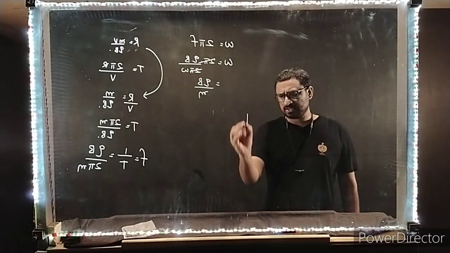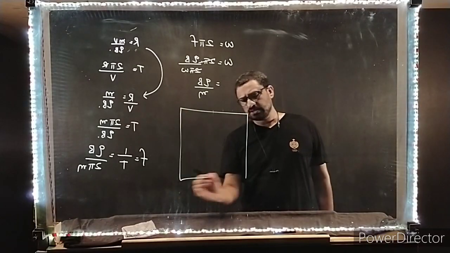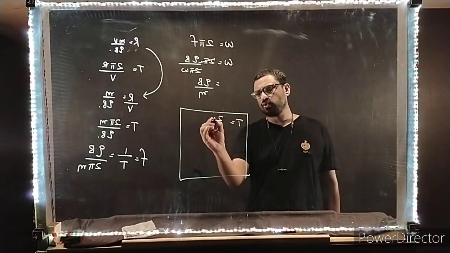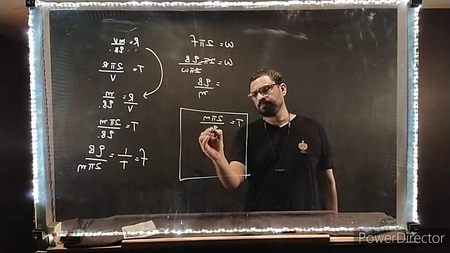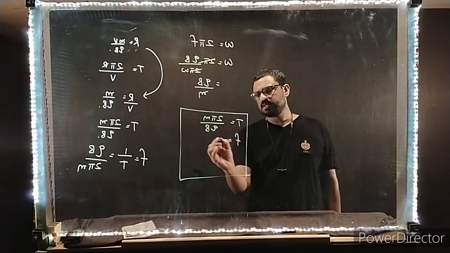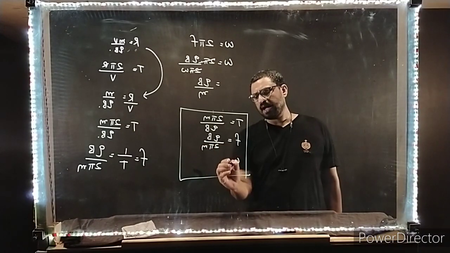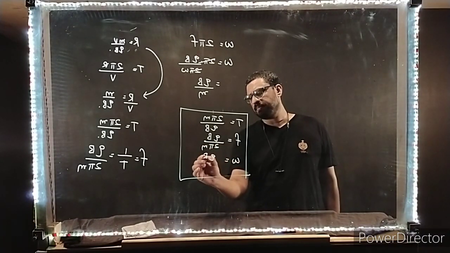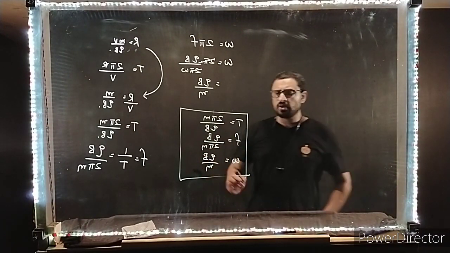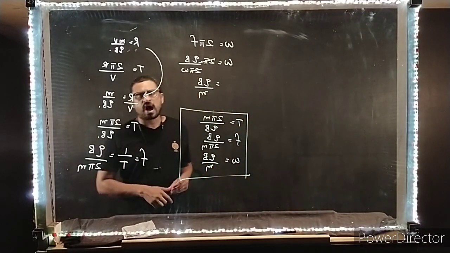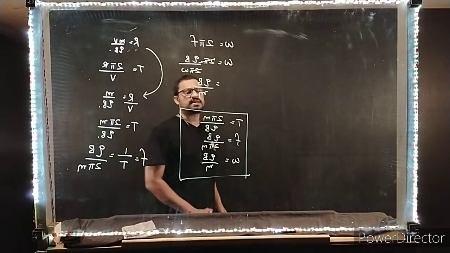So we got certain relations. One is time period, which is 2 pi m by qB. Frequency is qB by 2 pi m. Omega, angular velocity, is qB by m. In all these equations, there is no v or r. There is no radius or velocity.